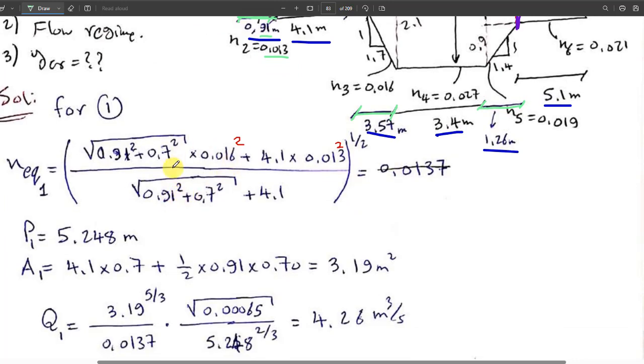Over all of this, we take the perimeters, this one plus this one, all to the power half. So don't forget this half.